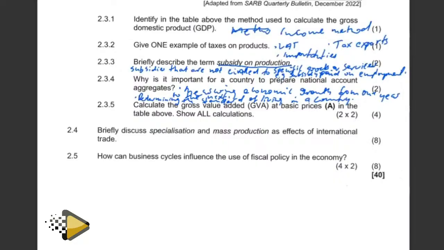Okay, right. So now moving on to the next question, 2.3.5, where you're supposed to calculate the gross value added at basic prices in the table shown above.